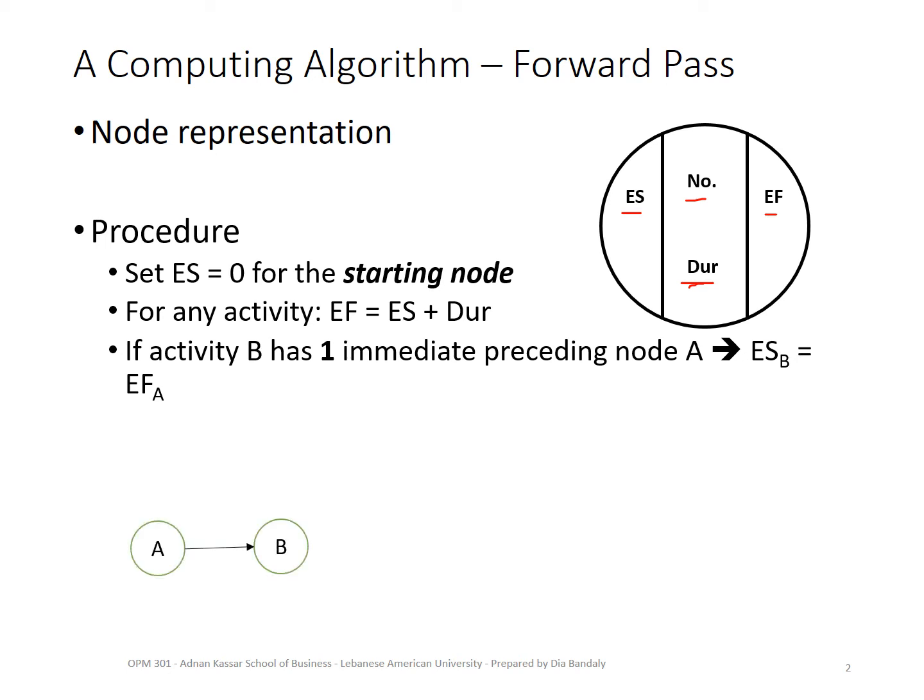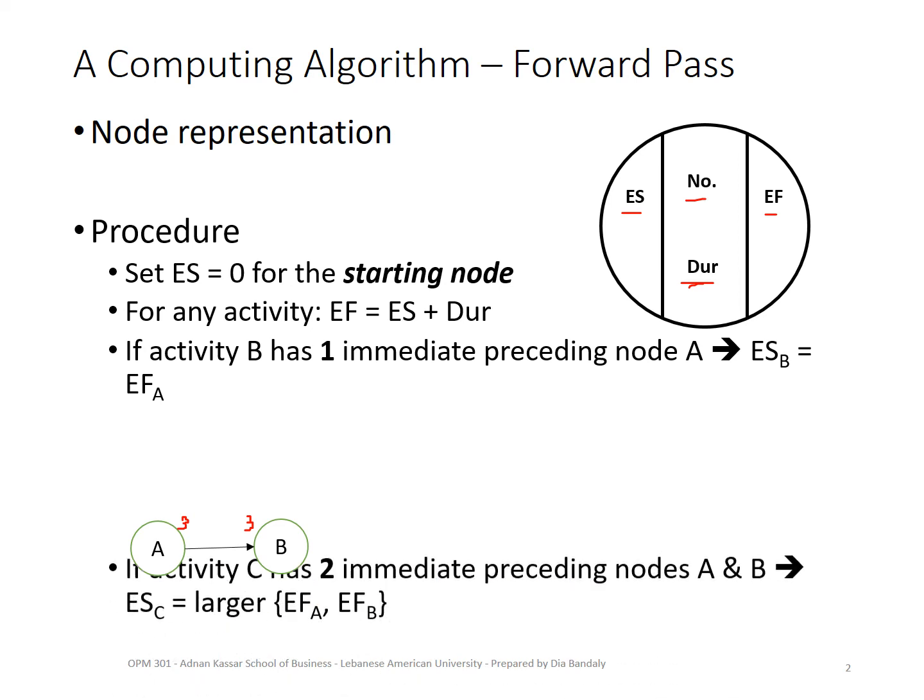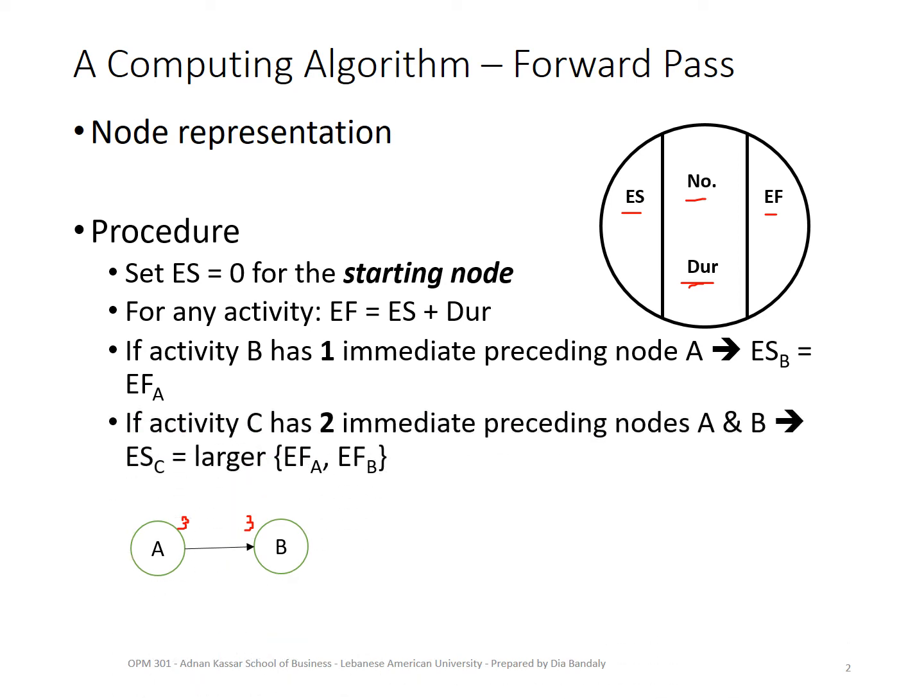So if I have two activities, A is an immediate predecessor of B. So if I find out during my calculation that the early finish of A is, let's say, 3, that means this will be the early start of B, right? Because B needs to wait for A to finish. So once this is done, this can start. So that's very straightforward.